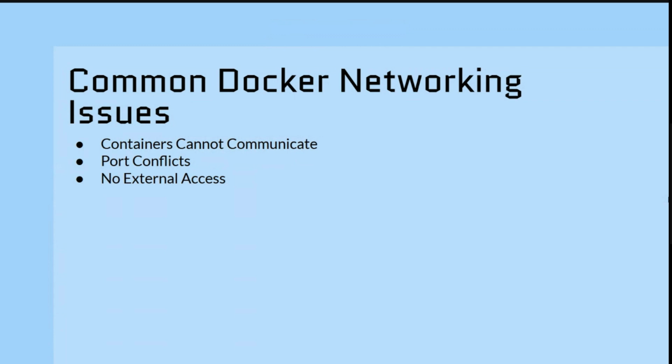Another culprit can be the firewall or iptables rules on the host machine, which might block outbound traffic from Docker's network. This often happens when custom firewall rules are set without accounting for Docker's default behavior. Without external connectivity, your containerized applications lose access to critical resources.